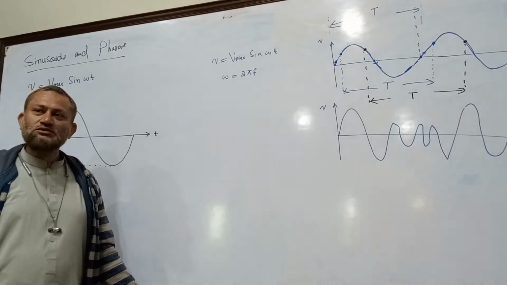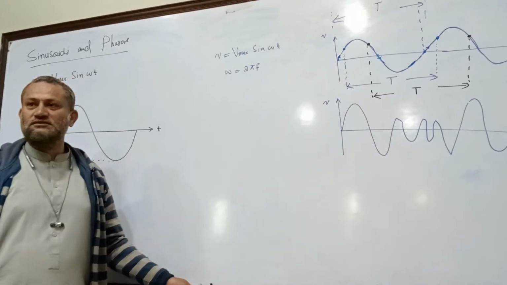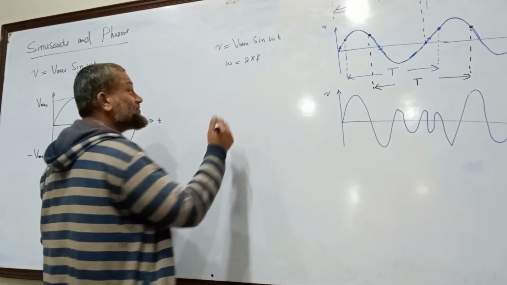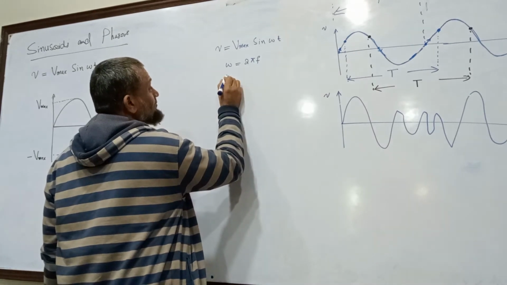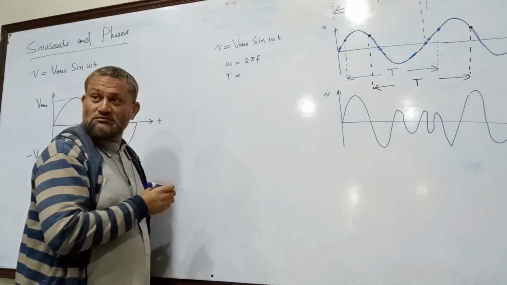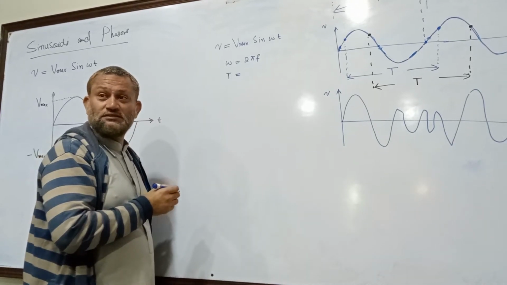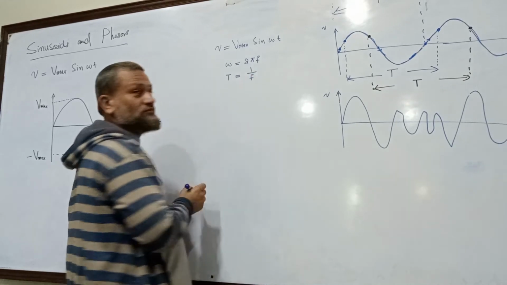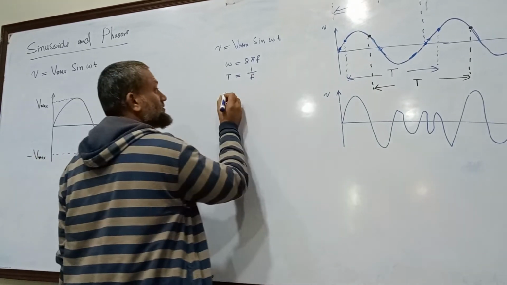Omega is 2 pi f, where f is frequency. Understand my point? And the time period T is 1 over frequency, or vice versa.